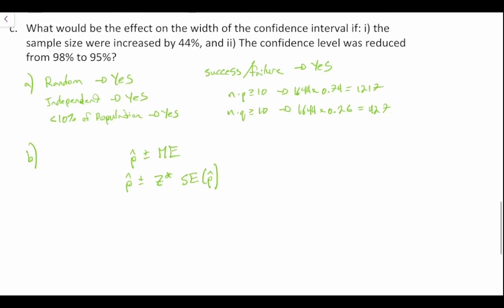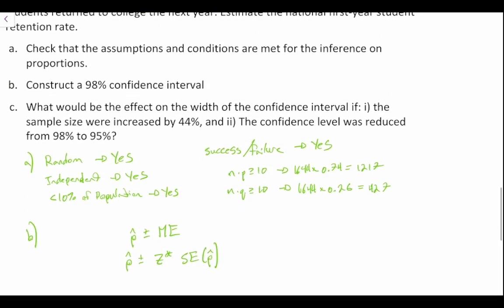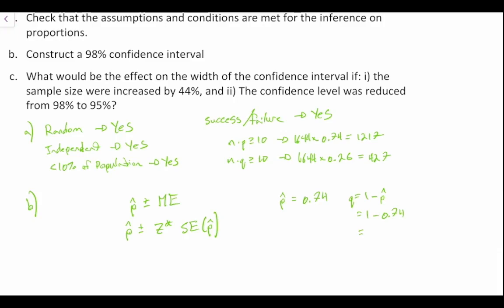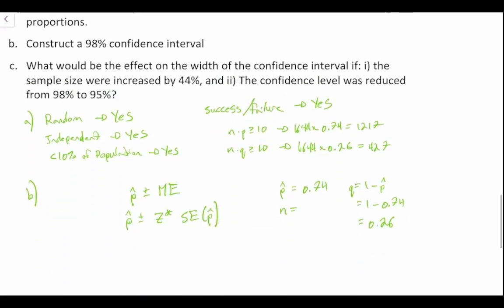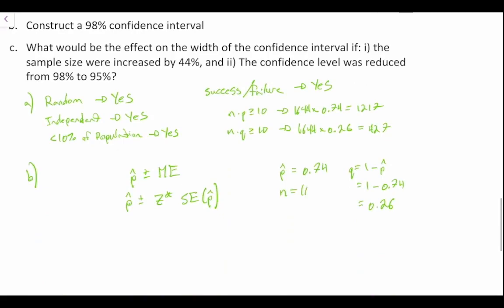Our value of p hat is equal to 0.74, which means our value for q is 1 minus p hat, which is 1 minus 0.74, which is 0.26, and our value for n is 1,644.